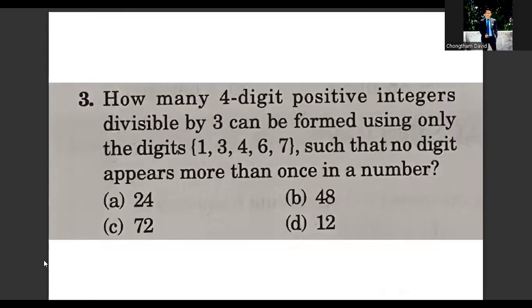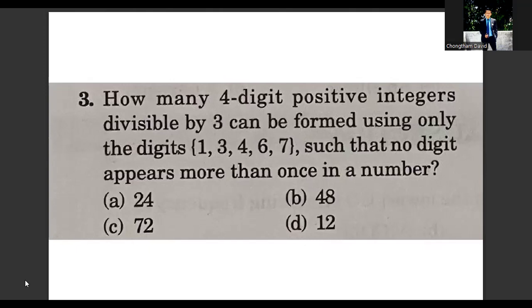Question number 3. How many four-digit positive integers divisible by 3 can be formed using only the digits 1, 3, 4, 6, and 7, such that no digit appears more than once in the number: 24, 48, 72, or 12?